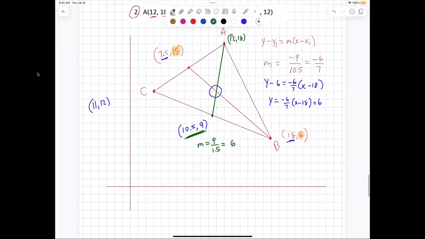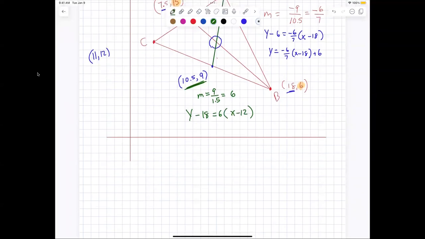Okay, so now let's write that equation. All right. Y minus 18 equals 6 times X minus 12. Everybody see that? Now we're going to write that equation as Y equals 6 parentheses X minus 12 plus 18.